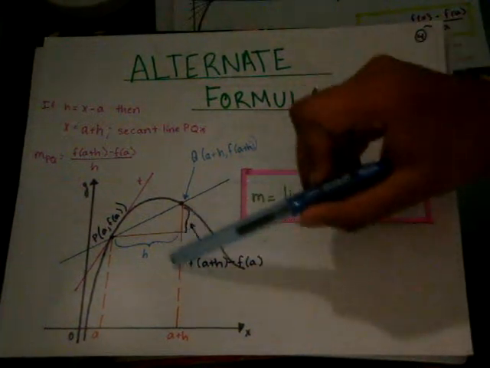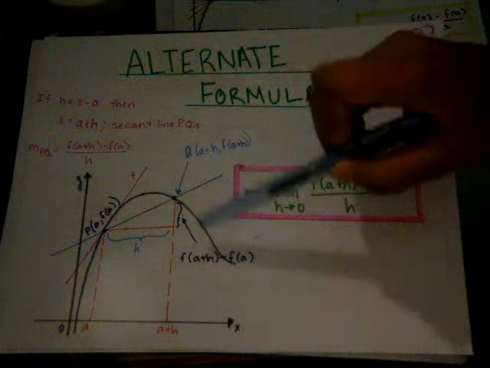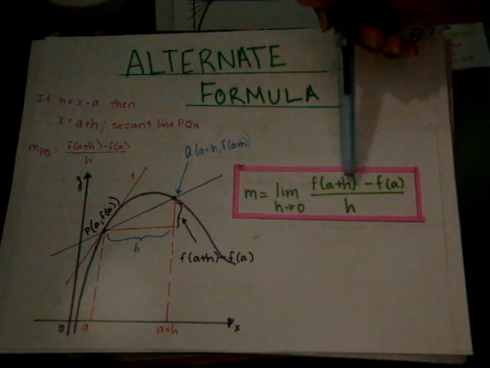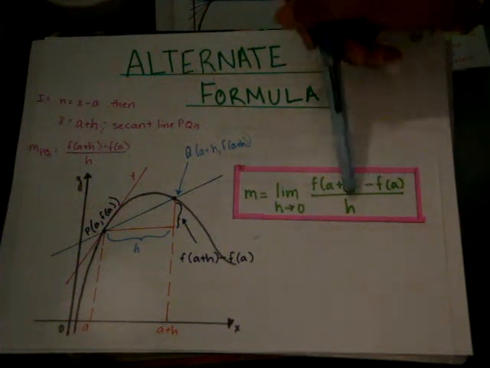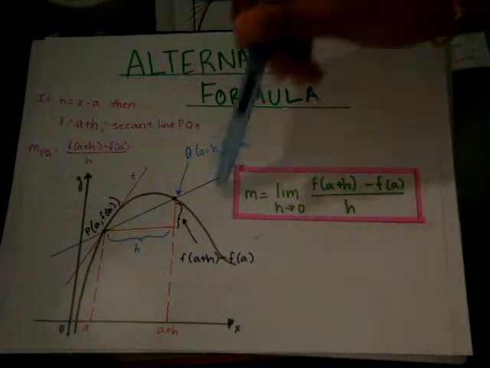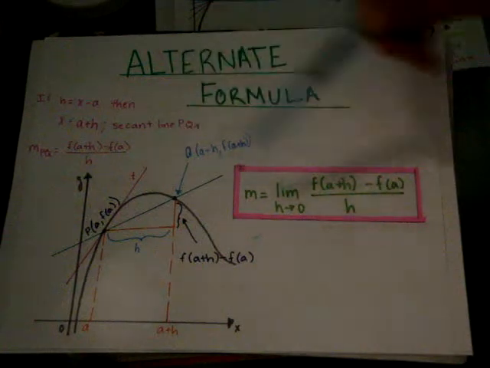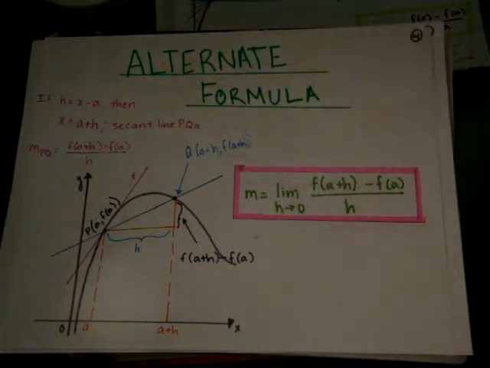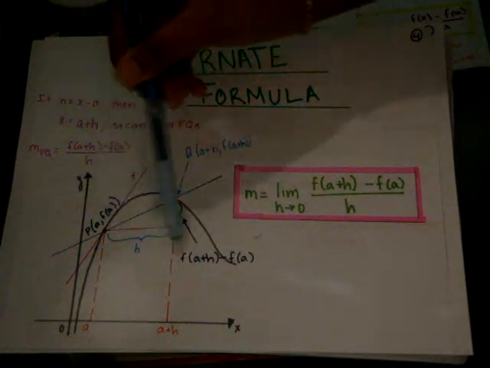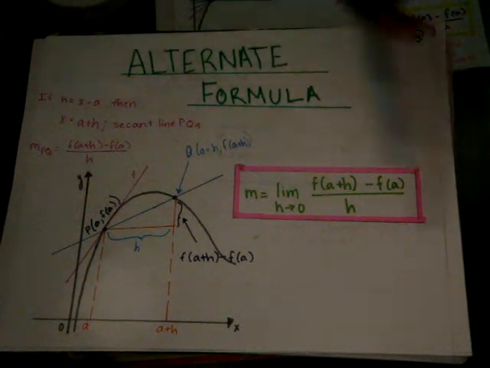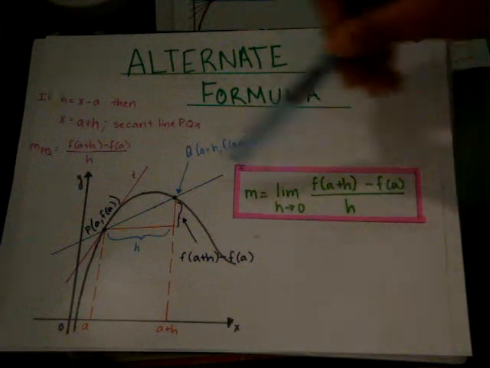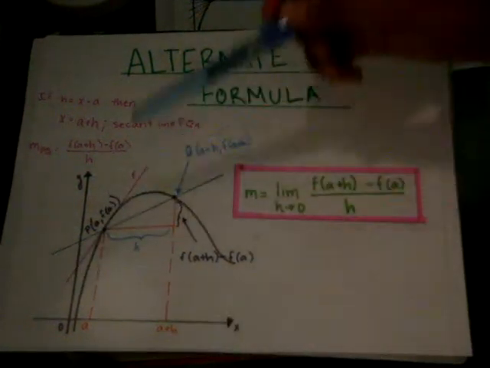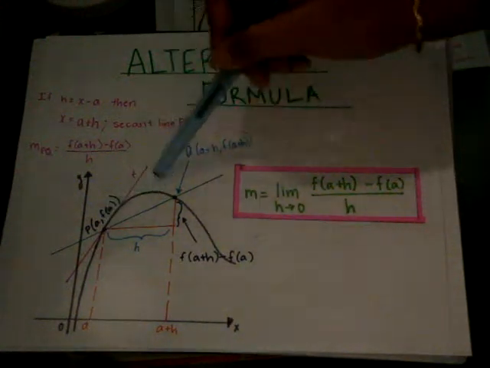As you can see here, that's the y difference and that's the x difference. So the limit of f of a plus h minus f of a over h would give you the slope of that tangent line. h is approaching 0, if you remember, because h is x minus a, and x minus a would have to be getting closer and closer to 0 so that you can have this tangent line, where Q and P are equal.